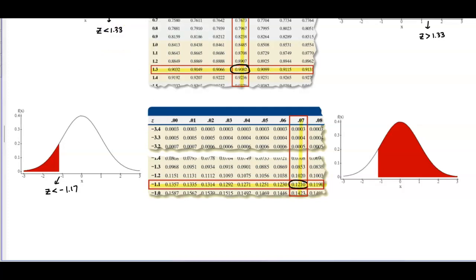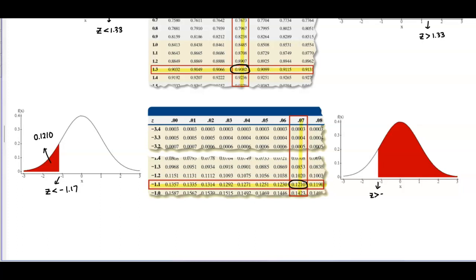To the left of that z-score is 0.1210. So therefore this area, or this probability, is 0.1210.